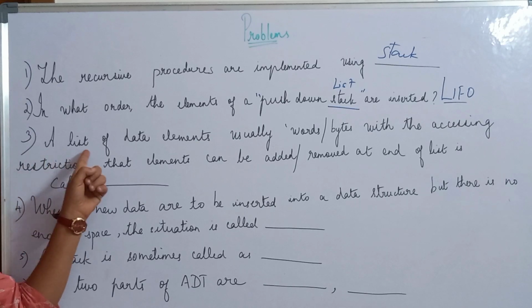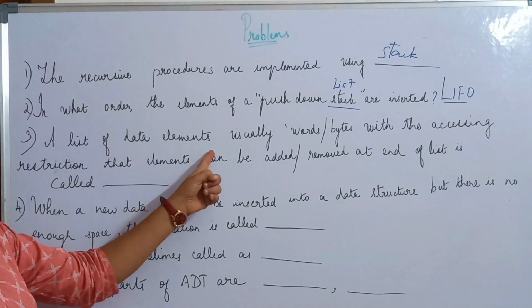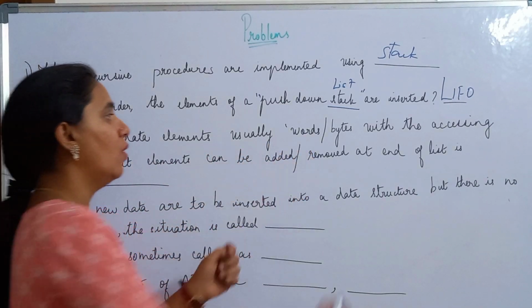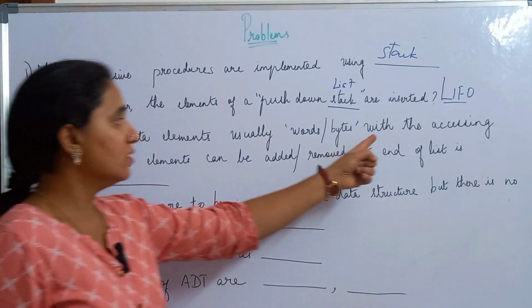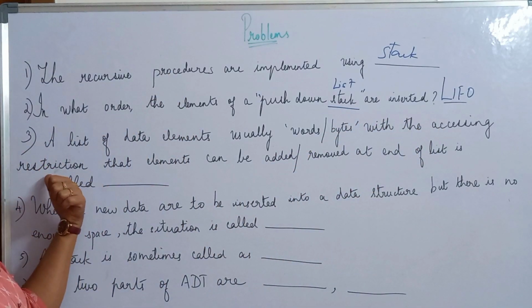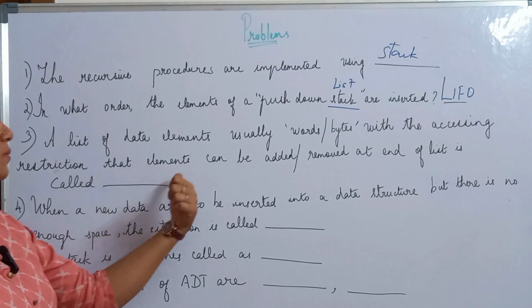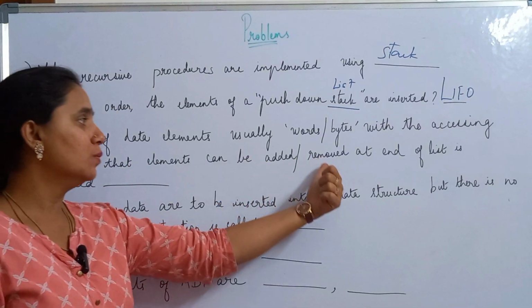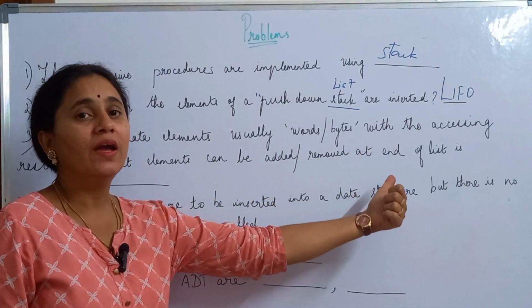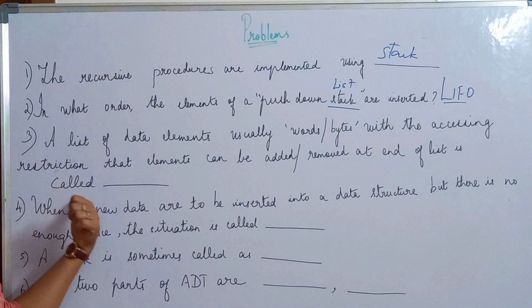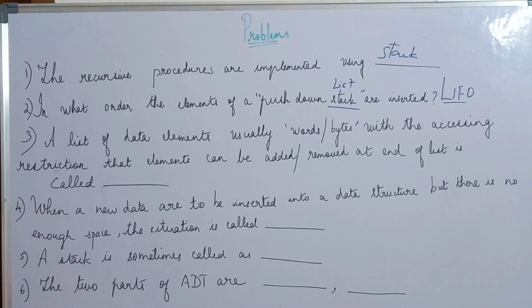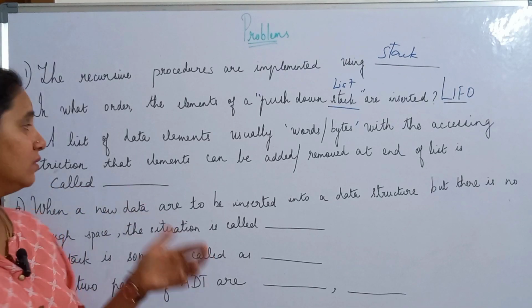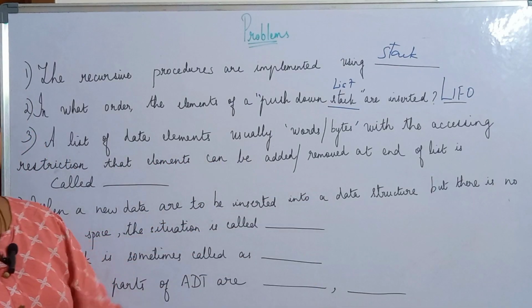What is the next question? A list of data elements, usually words or bytes, with the accessing restriction that the elements can be added or removed at the end of the list is called dash. This is one of the very important question patterns that you may get. Please read the question carefully.